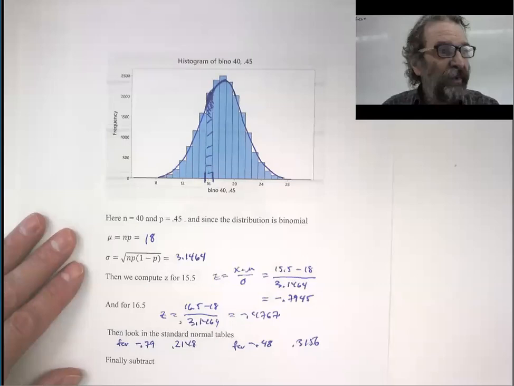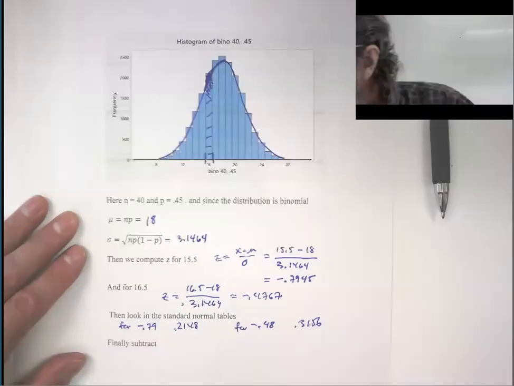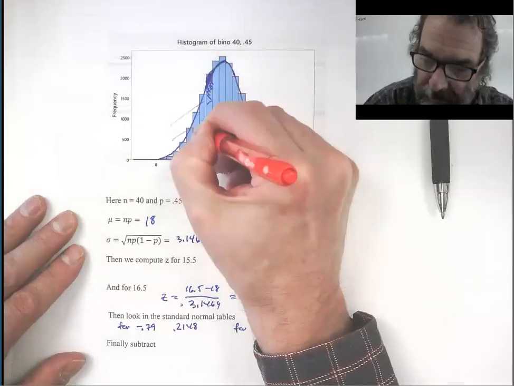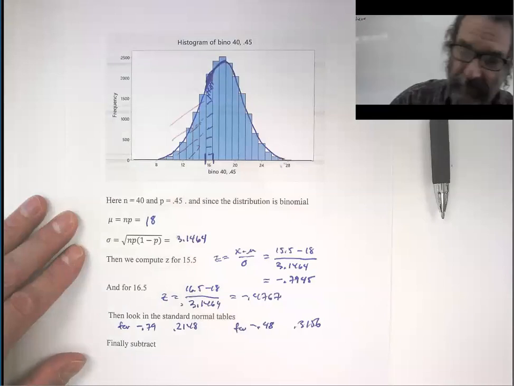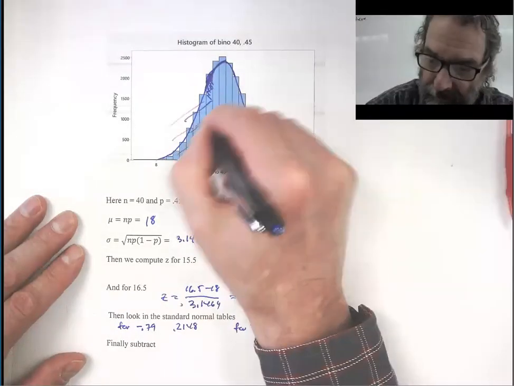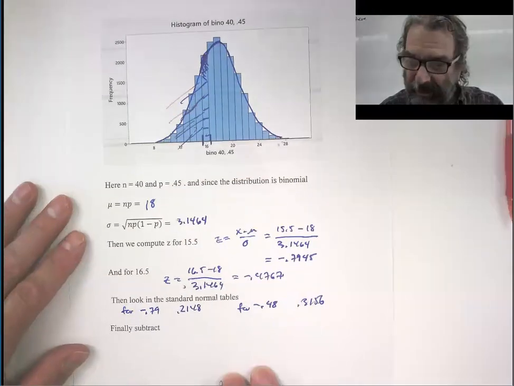So to find that area, we'll take this area back on this side. Do I have something better to do this with? Let's see. Some red. We're going to take this area here. That's the little area. And then we'll take this big area here. We'll take the big area minus the little area to get the area of the skinny little bar right here.